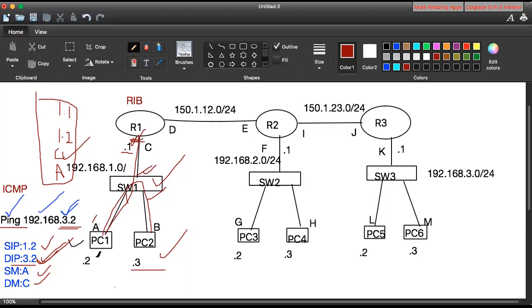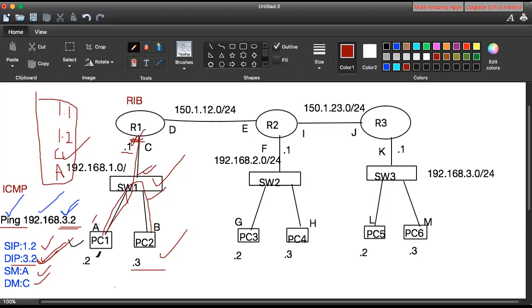So being a network engineer, make a note: whenever you see destination host unreachable, that means there is an issue while sending the packet. It could be an issue with the PC1 configuration itself, or with R1 or maybe R2, anywhere.